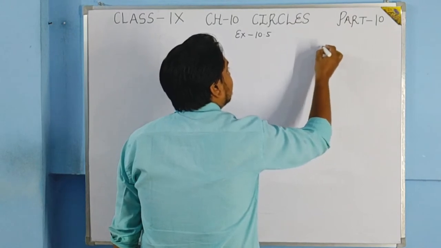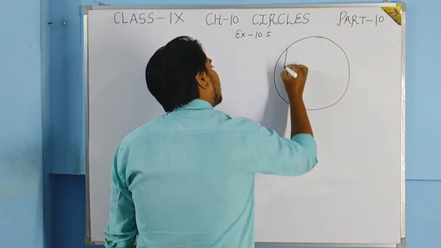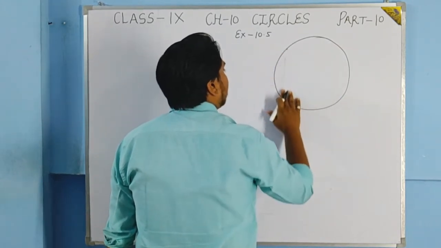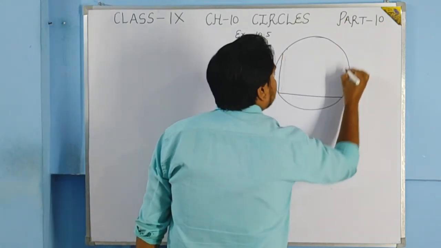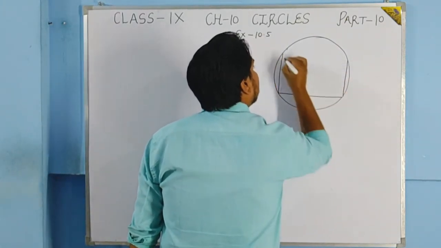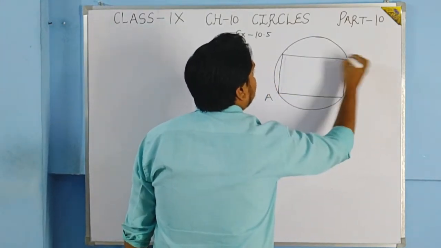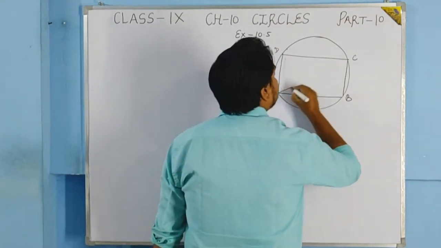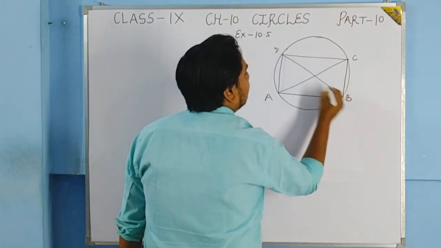It is said that there is a cyclic quadrilateral, and suppose this is the cyclic quadrilateral ABCD. And it is also said that its diagonals are the diameters of the circle.